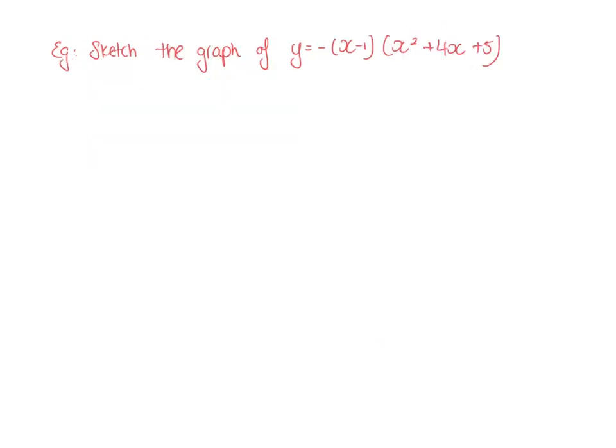Okay, when we sketch the graph of y equals negative (x minus 1)(x squared plus 4x plus 5), note this is a negative, so it will start at the top. Factors of 5 are not going to add to 4x, so the cross method's not going to work. When the cross method may not work, we would check the discriminant to see if we are going to get an answer.